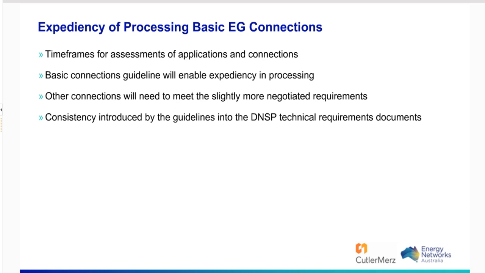As we work through the LV guidelines, and given that the technical parameters start becoming a bit more broad and bespoke, and in some cases there's an individual connection to a customer, if the size of the installation is large enough, more negotiation as well as processing time is expected, and that comes with the increased risk that, for that individual installation, is presented to the network that needs to be considered.